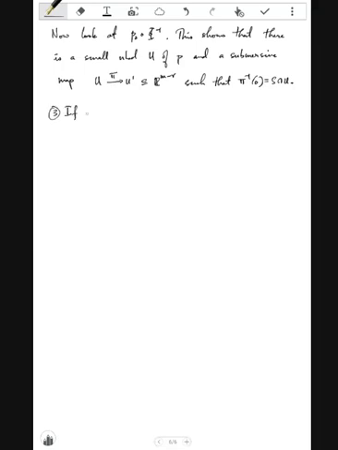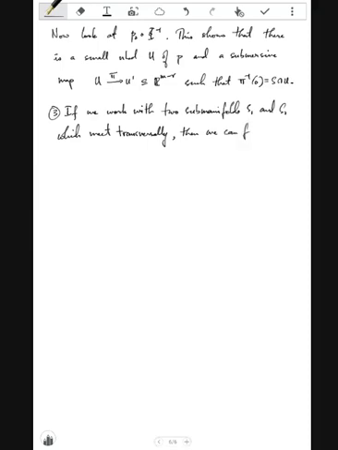So if we work with two submanifolds, S1 and S2, which meet transversely, then we can find a neighborhood U containing P inside S1 intersection S2 and a submersive map pi1 cross pi2.